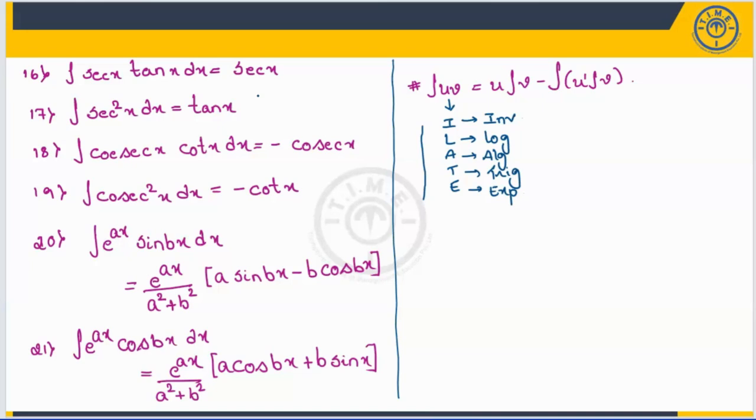But according to the ILATE rule, in integration by parts, from the top, whichever comes first, that will be taken as U. Okay. Now, again, there is one more that we'll be calling the generalized UV.